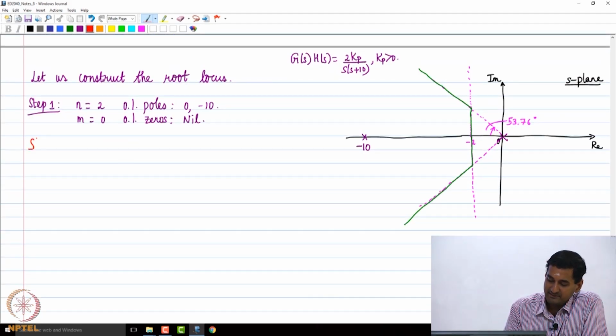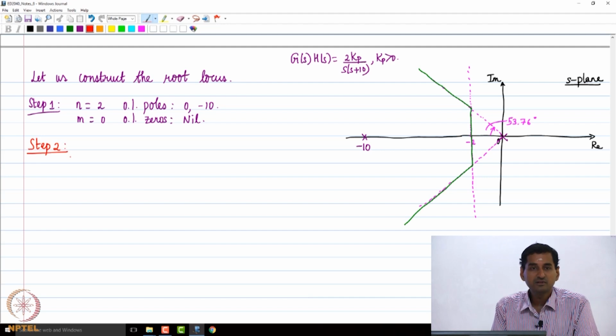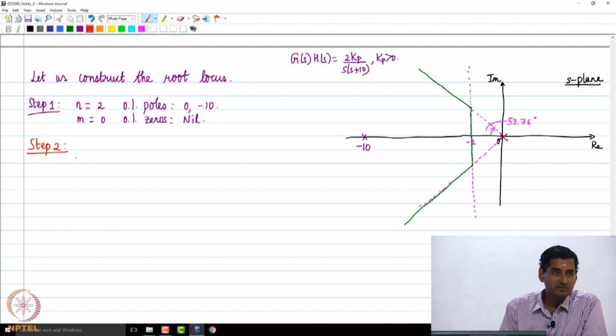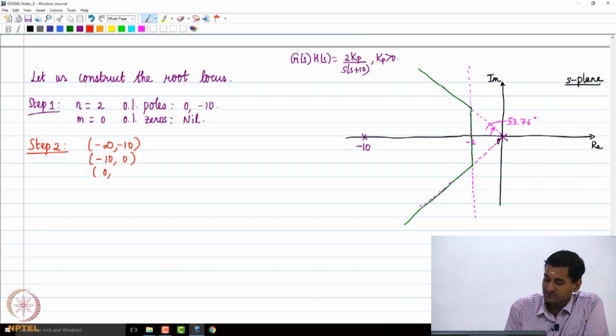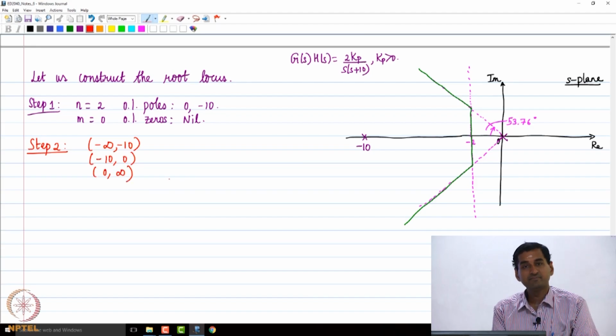So what is the next step? Step 2 is to determine the regions of the real axis that lie on the root locus. For that, let us look at the real axis. We can immediately see that the real axis is divided into 3 regions: minus infinity to minus 10, minus 10 to 0, and 0 to infinity, right?